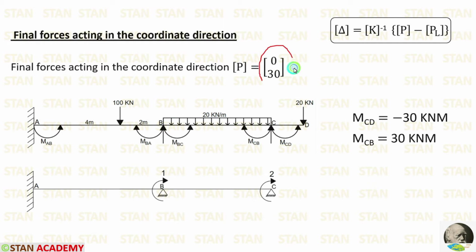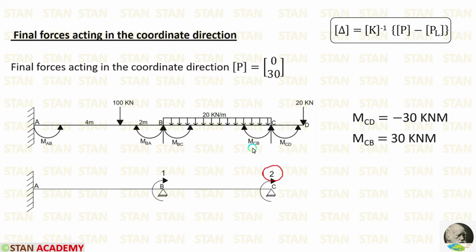So in the P matrix, we have to enter the final forces, but it must be in the order. First from the first coordinate, which is the point B, then the second coordinate, which is the point C. Because of the point load in the overhanging span, there is no moment developed in the point B, so we have to apply 0. Now let us see the second coordinate.